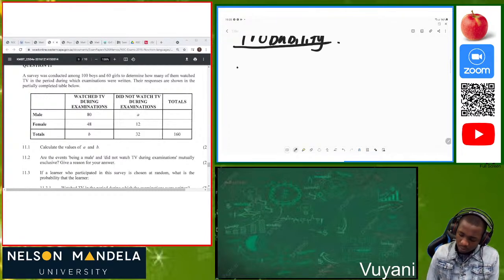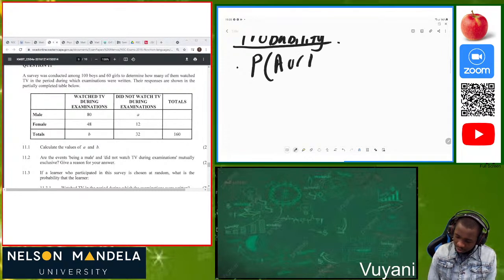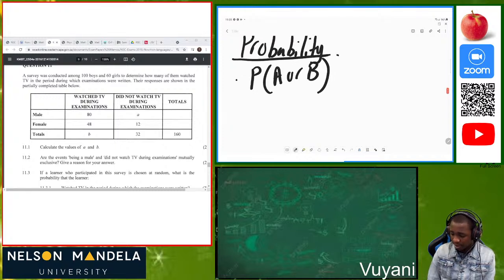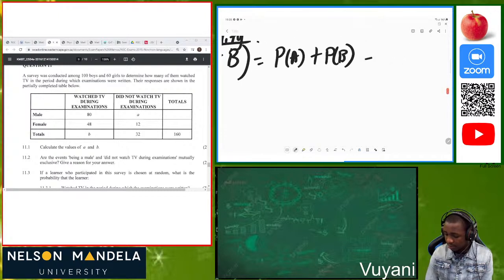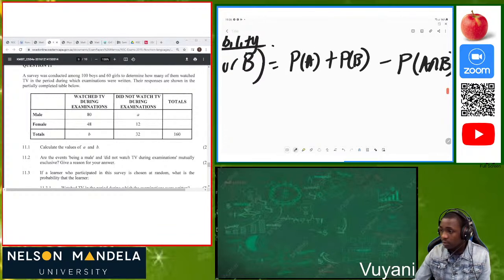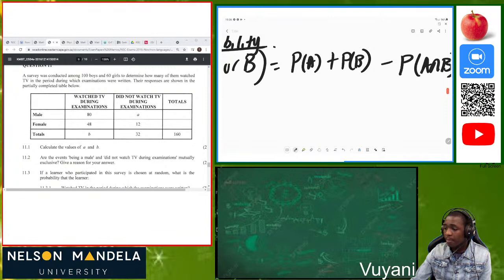So we have P(A or B). The probability of A or B is equal to probability of A plus probability of B minus the probability of the intersection of the two of them. So this is the first one which we have.